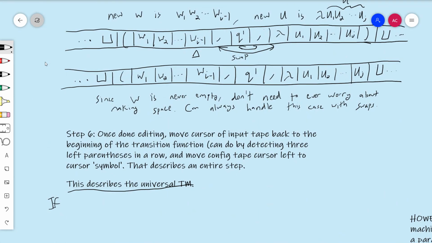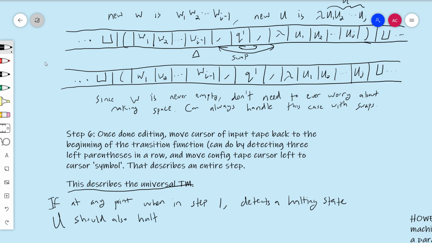if at any point step 1 detects a halting state. So if in step 1, when you're detecting the state of the configuration, you detect a halting state, you should also halt in the same manner.